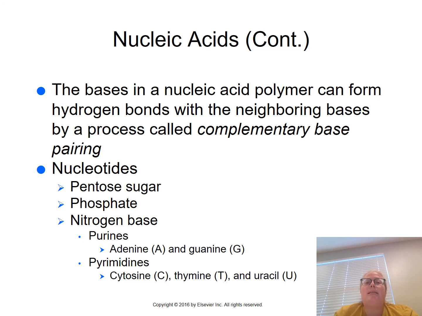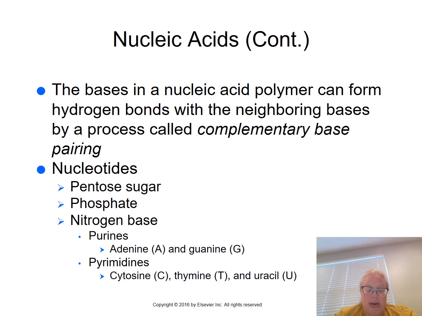Okay, so the bases in a nucleic acid polymer can form hydrogen bonds with the neighboring bases by a process called complementary base pairing. 5 possible nitrogen bases are subdivided into 2 main groups.